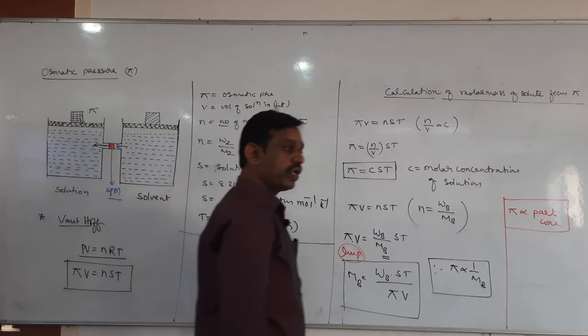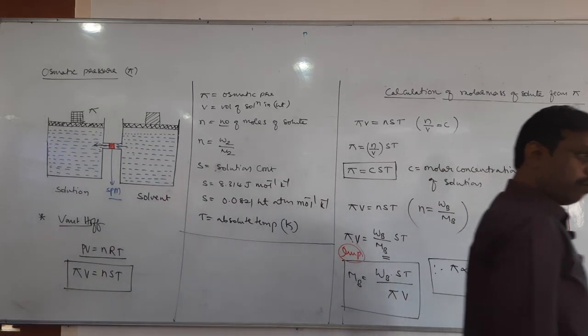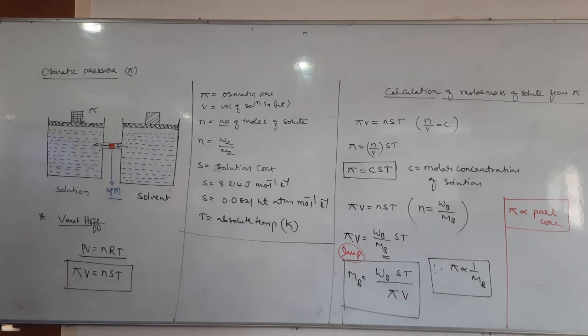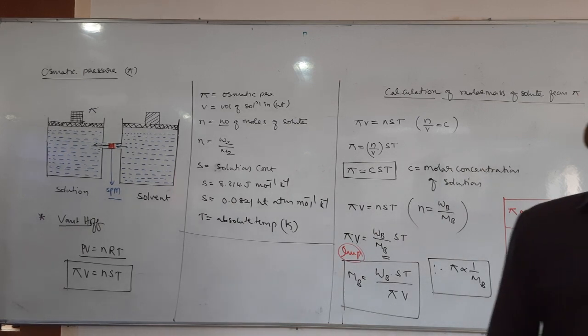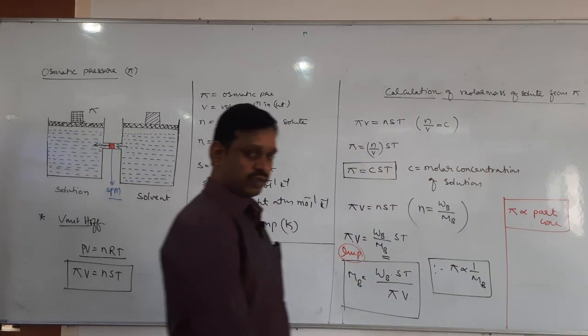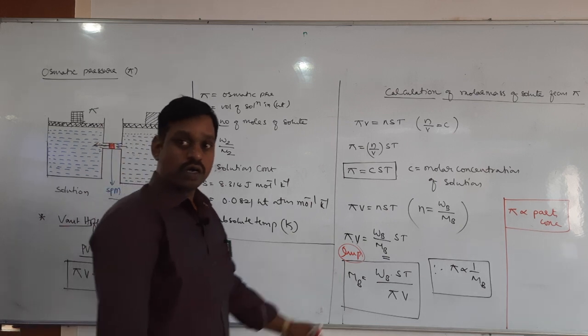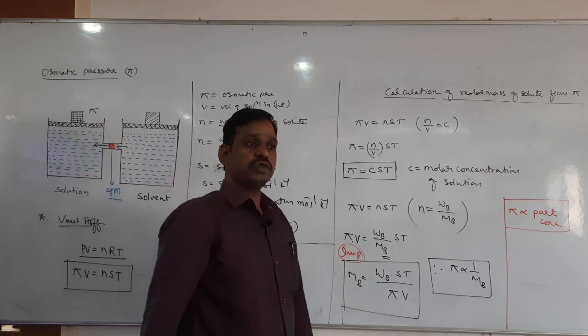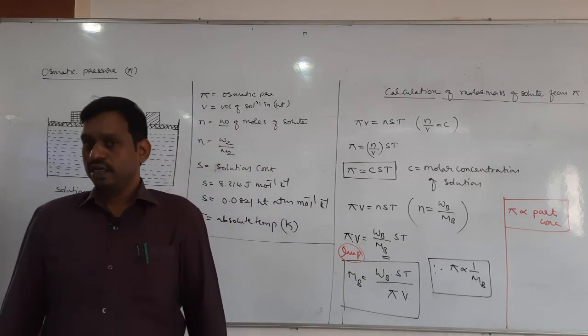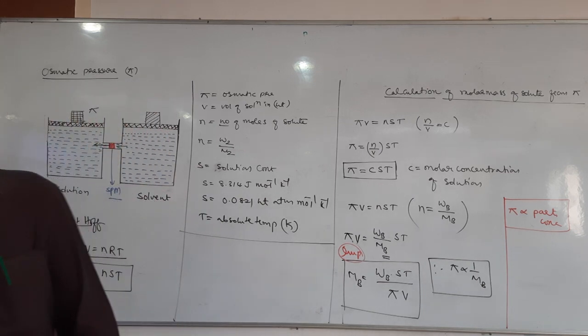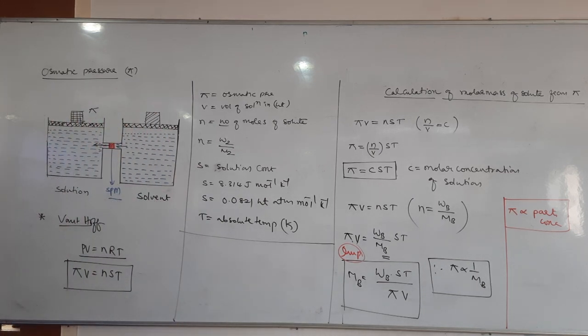Then tell me, how do you calculate experimentally? By using which method can osmotic pressure be calculated experimentally? Firdaus, which method is used? Hartley-Berkeley method. I think we wrote it yesterday. So the Hartley-Berkeley method is used to calculate the osmotic pressure experimentally. Okay, so now we have 4 colligative properties.